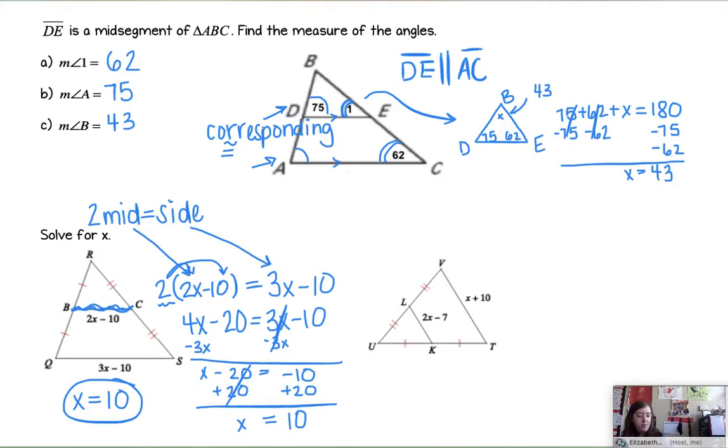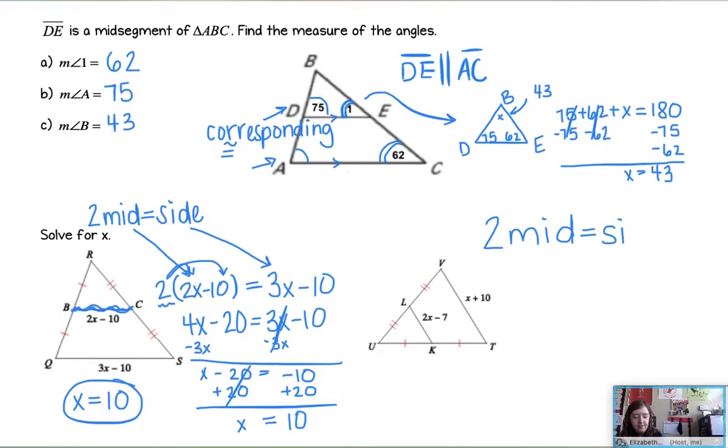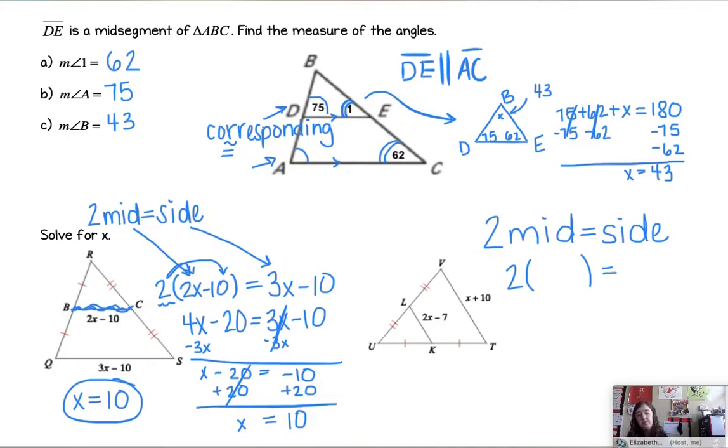Okay. So remember, it's still 2 times the midsegment equals the third side. In this problem, what's going to go in for my midsegment?